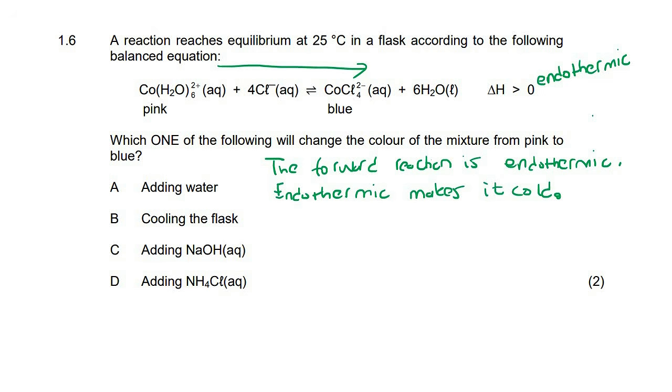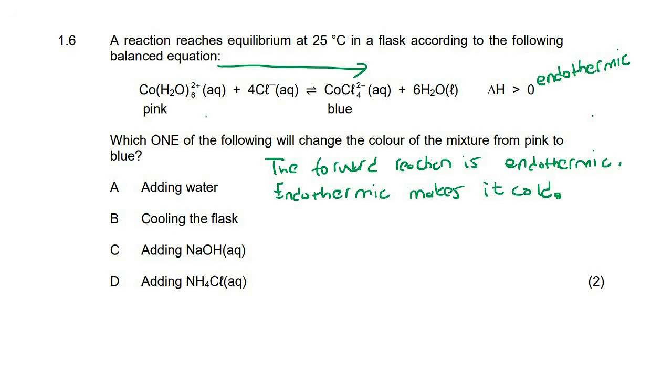Okay, so now you've got to think about this carefully. Someone, a human being, comes to this reaction and makes the reaction cold. Now, the system does not like that. The system, according to Le Chatelier, will always try to oppose this. So if a human being comes to this reaction and makes it cold, then what is the system going to try to do? It's going to try and make it hot. So how does the system make it hot?